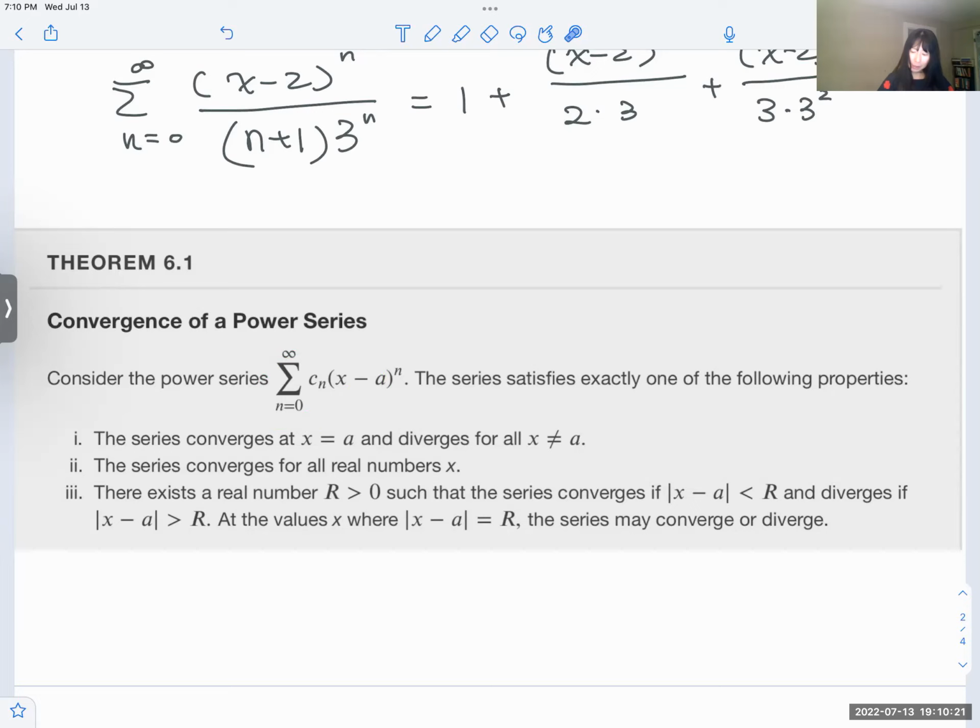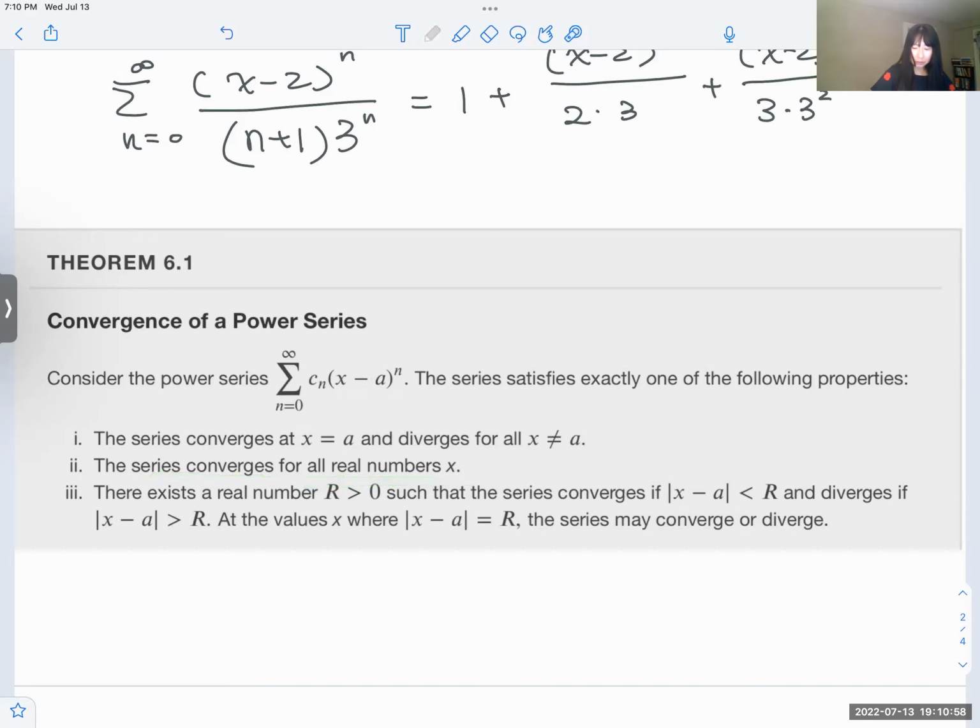Now they say that for the convergence of a power series, the series converges at x equal to a and diverges for all x not equal to a. There's one condition. Now, the series converges everywhere on the real numbers, okay?